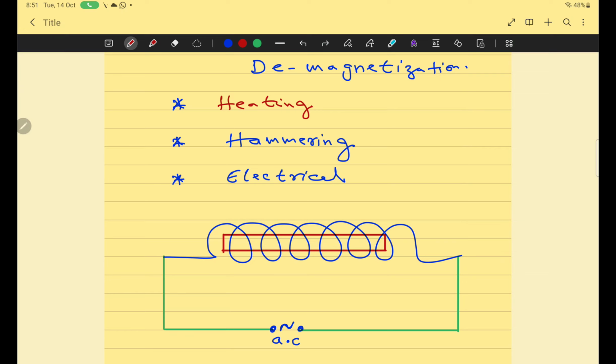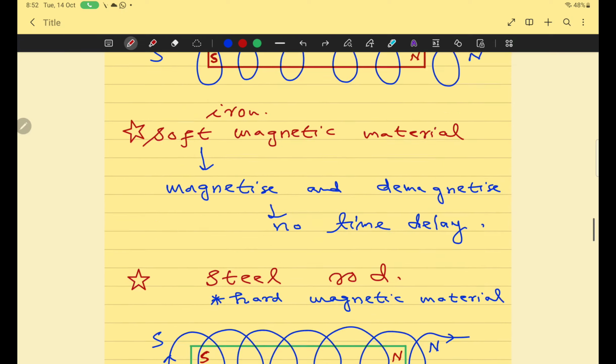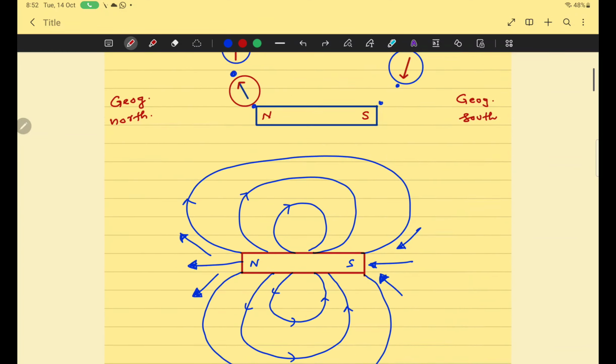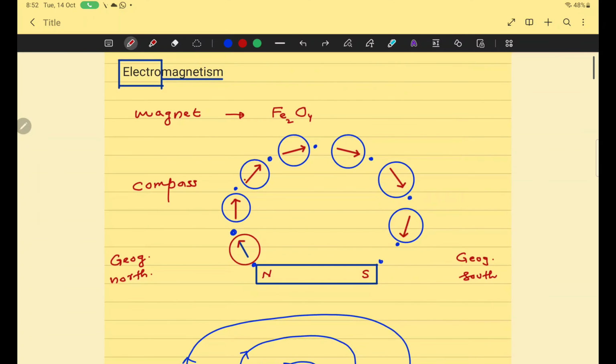Then you will find the steel rod which was a permanent magnet is now demagnetized. The other method is, if you withdraw the permanent steel rod from the core of the solenoid slowly, then it would be demagnetized.